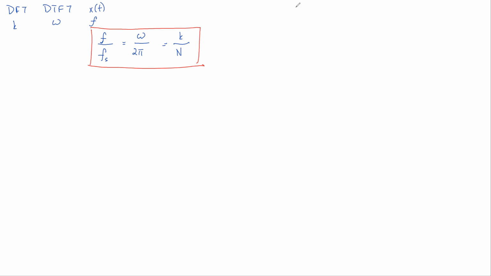So just as a quick example, say you're sampling a process with a sampling frequency of 1 kilo samples per second. So you're sampling at 1 kilohertz. You think there's something odd going on.